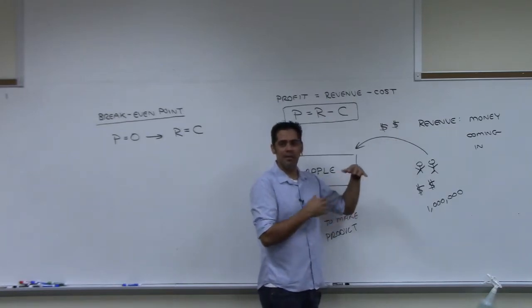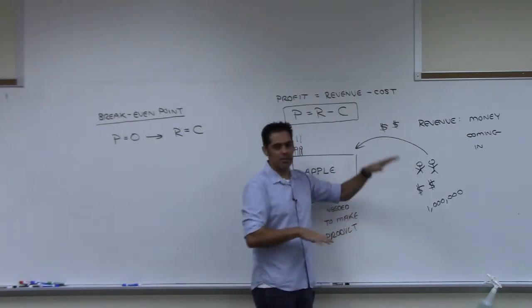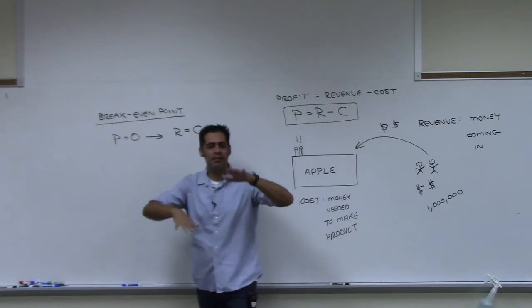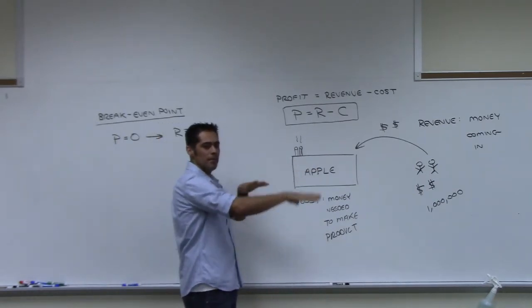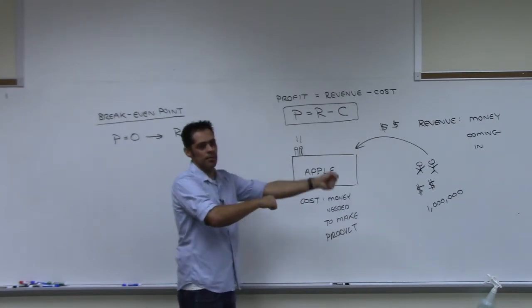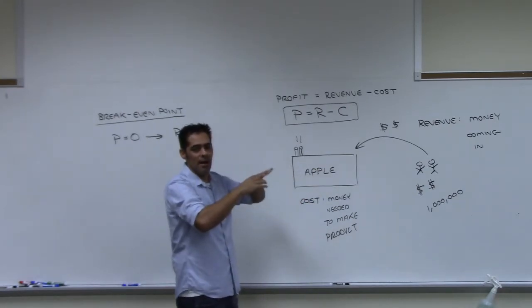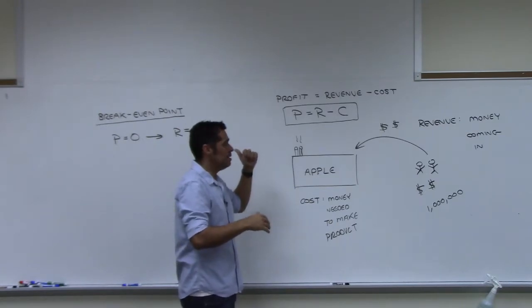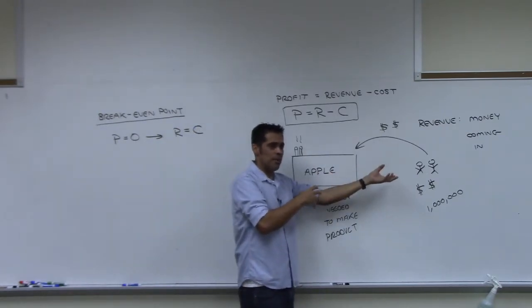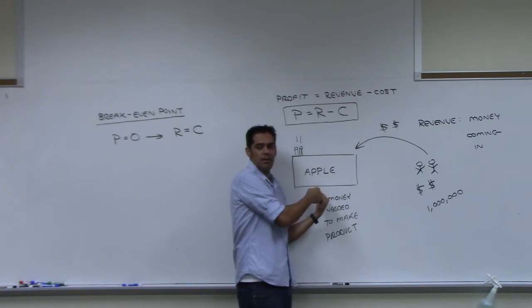If they make too many, the price comes down. So there's this constant balancing act with businesses of trying to figure out that perfect number of things to produce, where they can sell it at a high enough price to make money, but not overproduce something where their costs get too high. Understand?